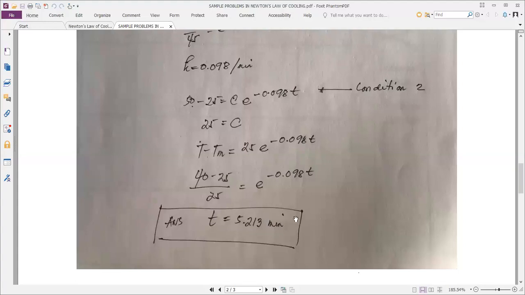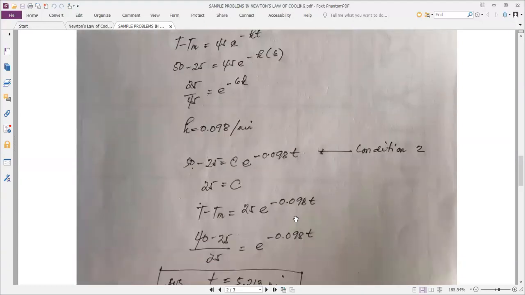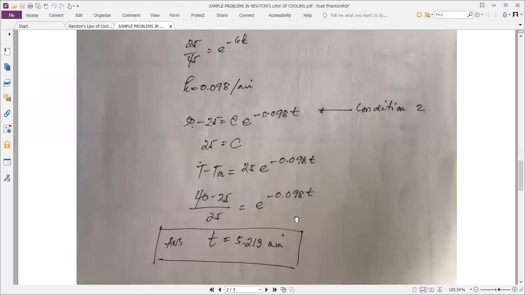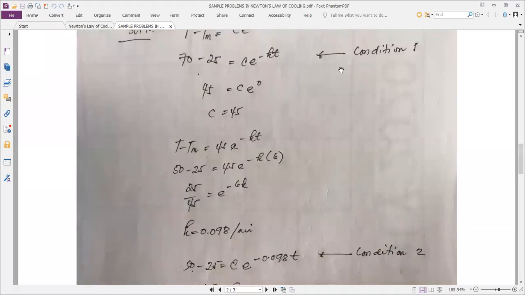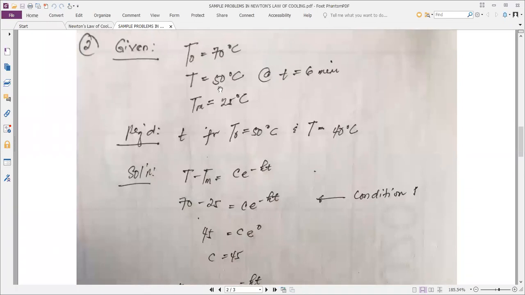So you now have two options to tackle any problem concerning a cooling from a set of given temperature to another set of temperature. So you need not subtract like the way we did in number one, but you can use this particular approach. But again, this is just an option. That is why I really indicated conditions here. This is condition one, wherein cooling is from 70 to 50.